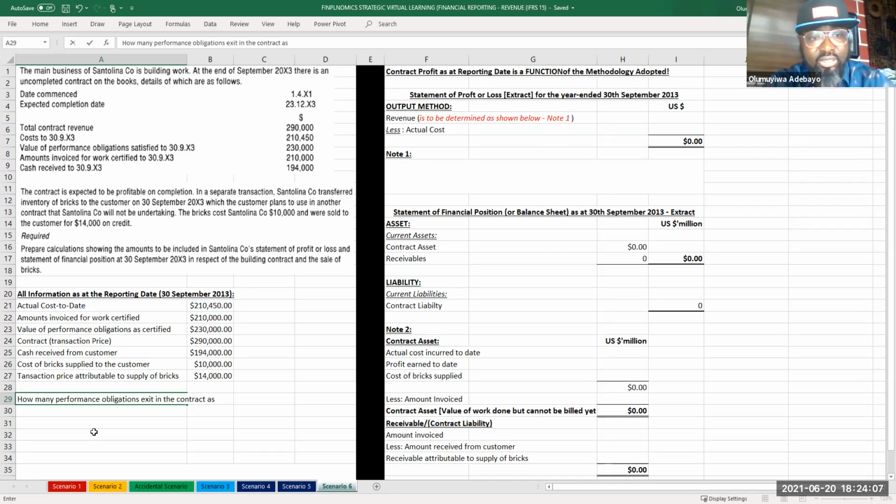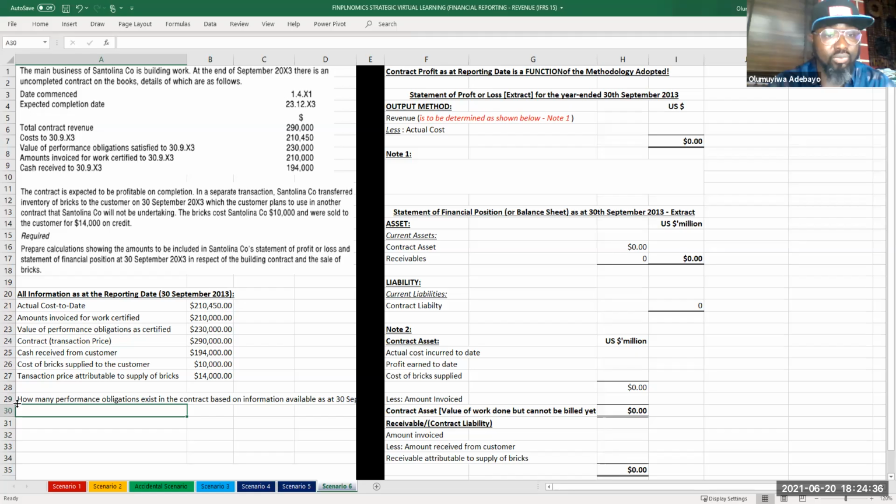The next question is, how many performance obligations exist in the contract based on information available as at 30 September 2023? Who can answer that?